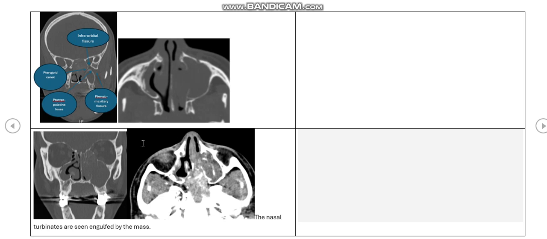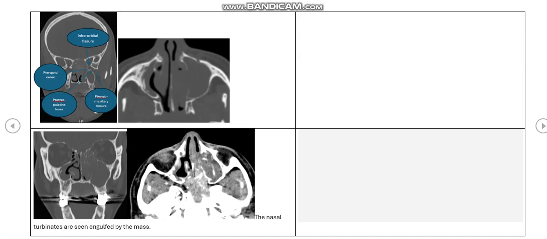The next difference here: chronic allergic fungal sinusitis causes engulfing of the nasal turbinates while extending into the nasal cavity.